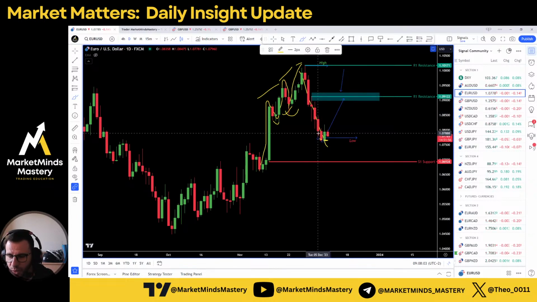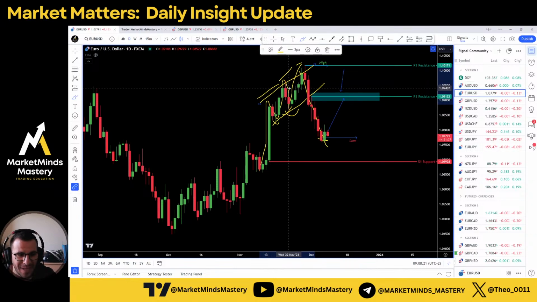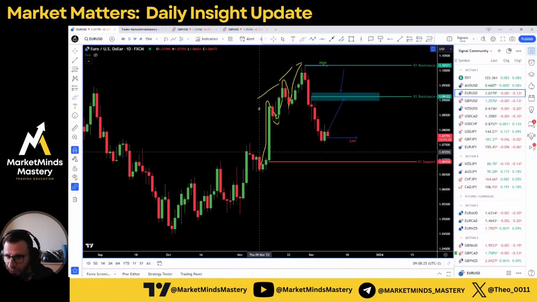So price is not in an uptrend anymore. If we look at this swing as the relevant swing, because of this market move, you can draw a trend line, so an upward momentum can be captured from these swings here.